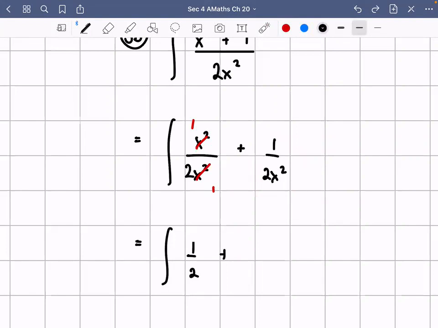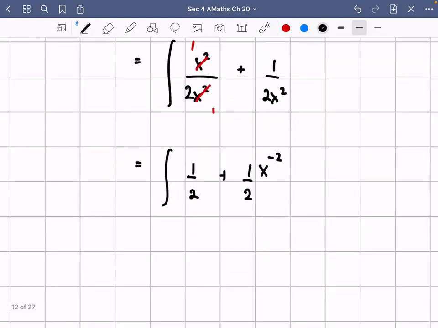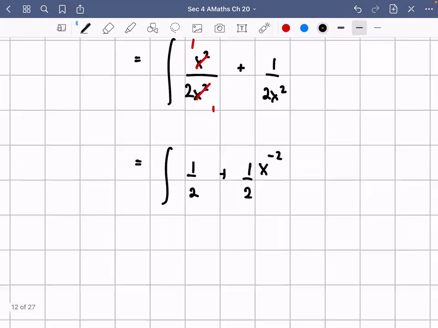So it becomes x raised to negative 2 over 2, or we can simply write this as 1 half x raised to negative 2. Okay. So let's solve this now.